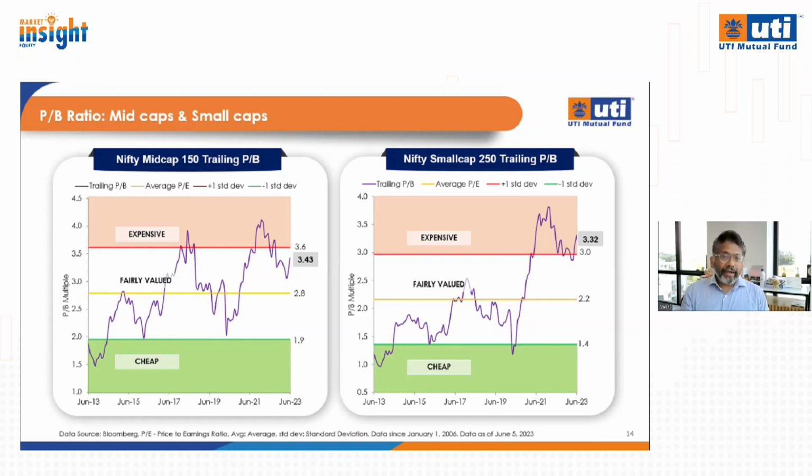They did briefly enter the fair value zone a few months ago, but with the recent rally, they have pushed back into what I would consider to be the expensive zone. As far as mid caps are concerned, they look more like the large caps, at least on a price to book basis, in the fair value zone at this point of time, above the long-term average.